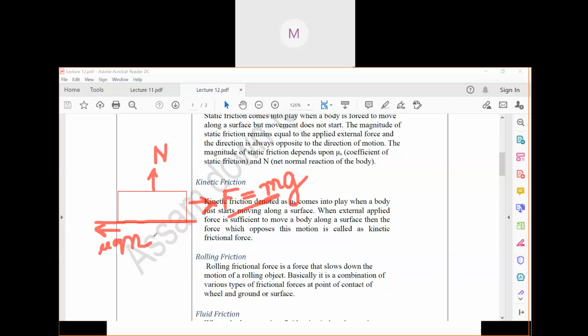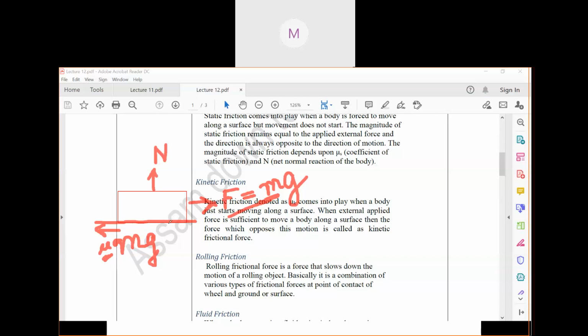Now mu is the coefficient of static friction. That means this is a coefficient for finding out the friction.